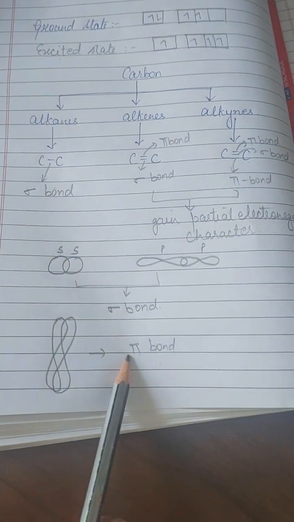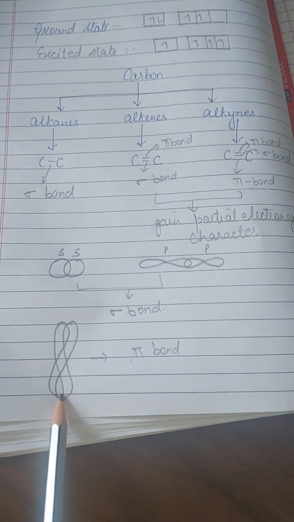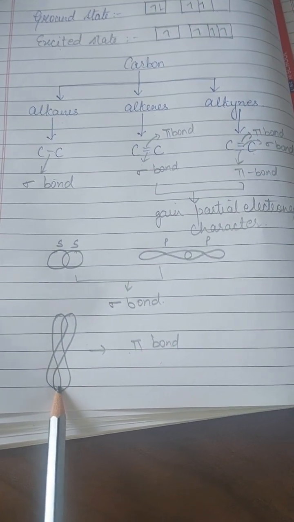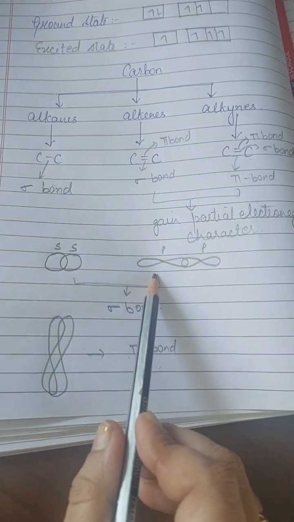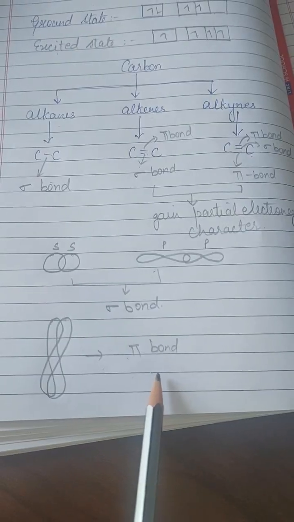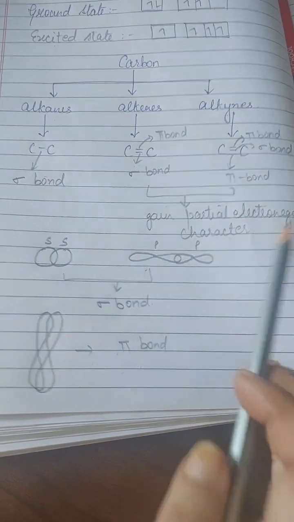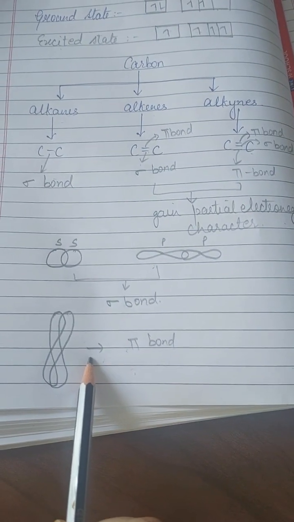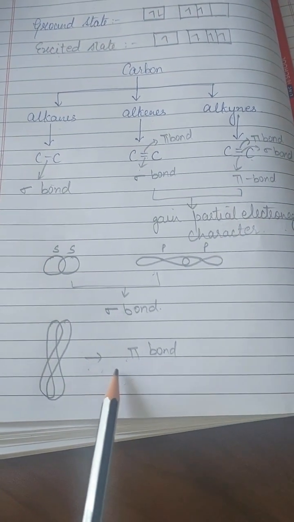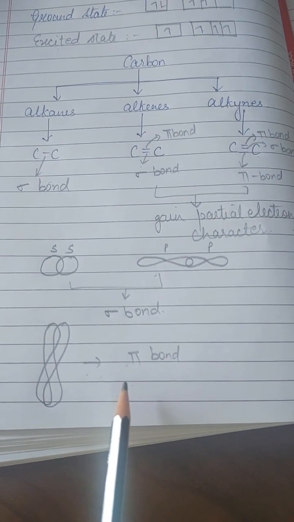While in a pi bond, there is always a sidewise overlapping, which makes it less stable than sigma bond, and this pi bond adds to the electronegative character. And when the bond formation occurs, this pi electron will participate in bond formation.